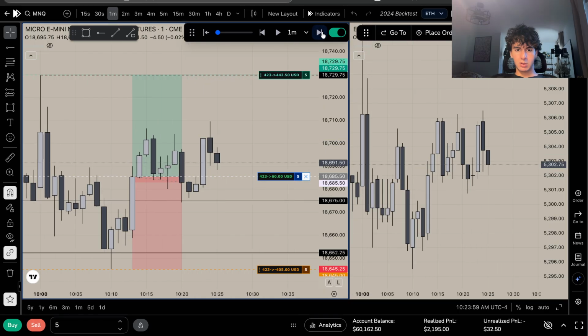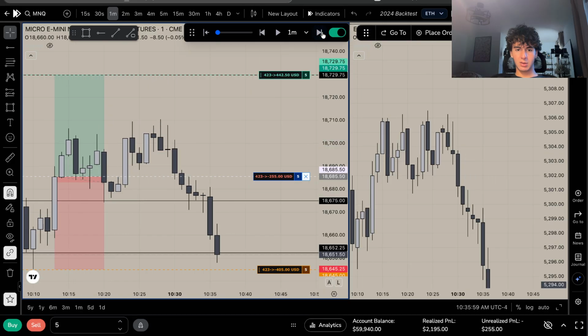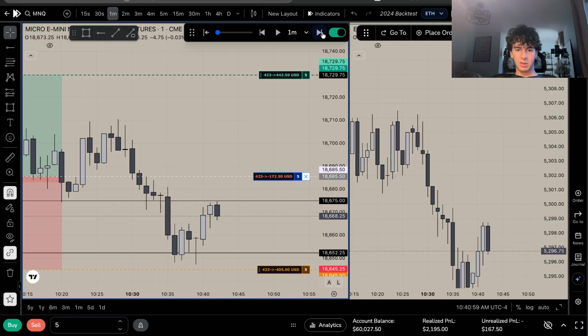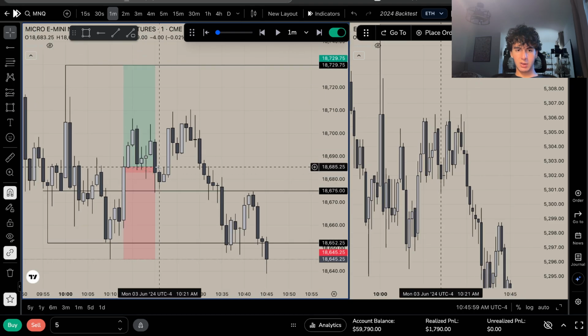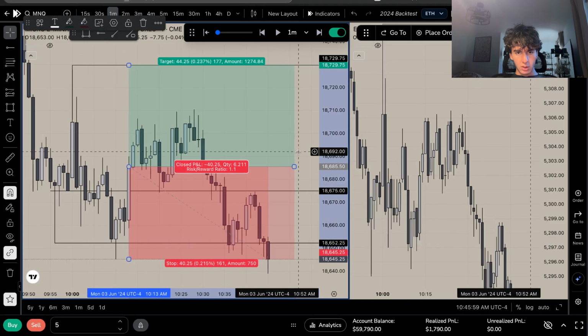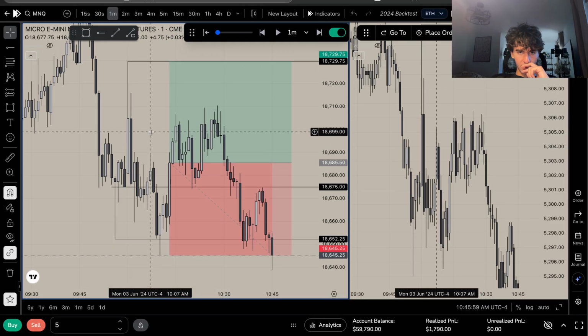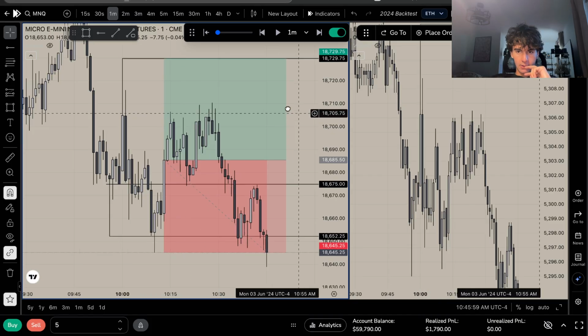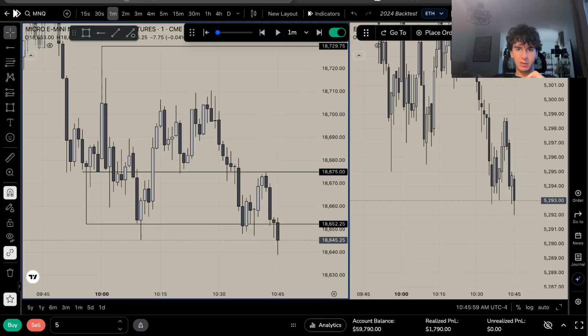And holy chop, okay. And that is a loser right there, unfortunately. Well, honestly, with all this chop here, I kind of expected that one to be a loser. We get the retest here of that low.